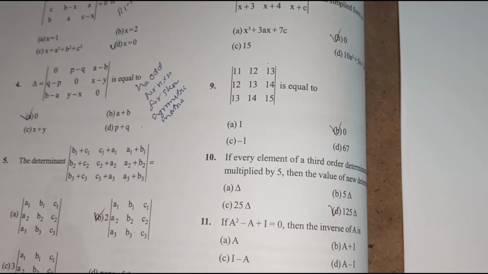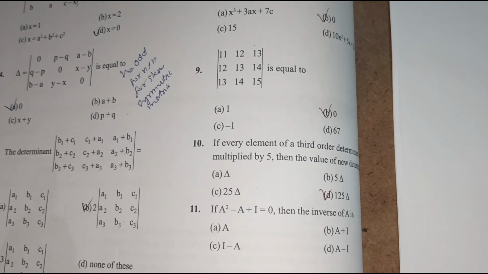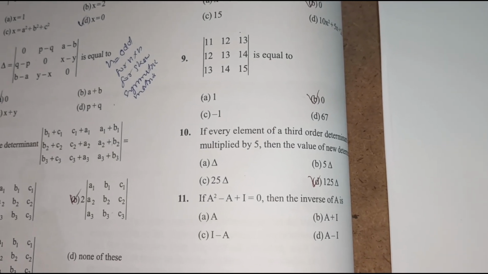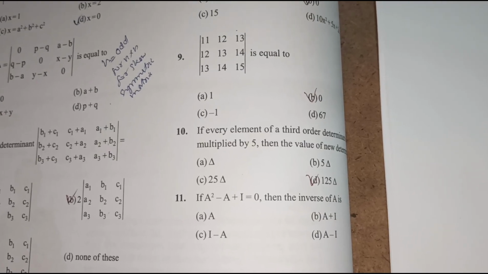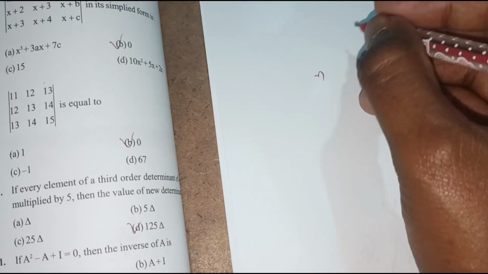These are basic objective questions, so they are not very complex and are easy, but advanced questions will be somewhat complex. So let's understand the 11th problem now. If a square minus a plus I is equal to 0, then the inverse of a is... So here we should find the inverse of a. So here we must understand what the inverse is.